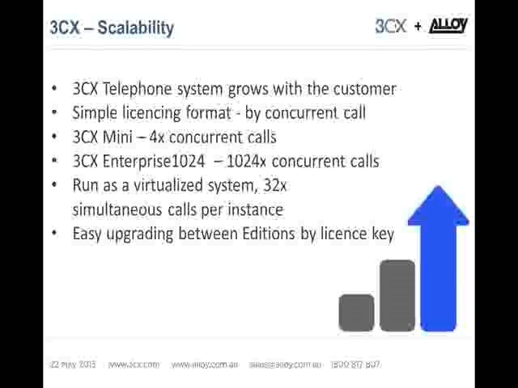If you do need to do that, the beauty is that we can back up the system, reinstall it on the new hardware, go through the wizard, and restore the backup file, and straight away you're up and running again in no time.